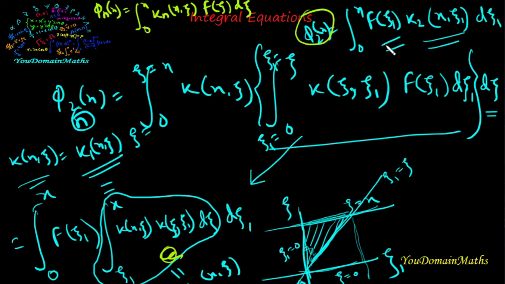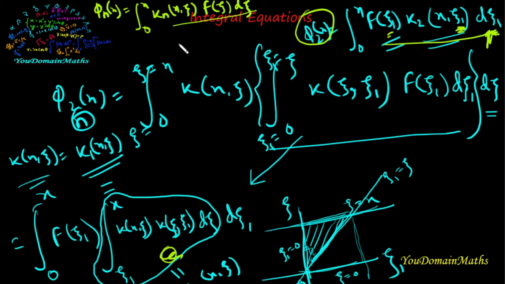Please see here: the integrating variable is λ, sorry, the integrating variable is λ1, so there is a λ1 and λ1. When we write this as λ, these are converted to λ. In this sense it can be written.